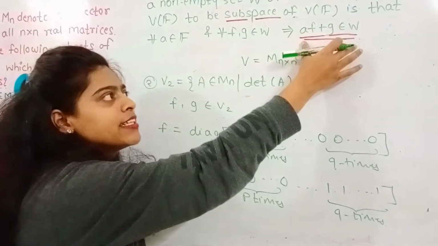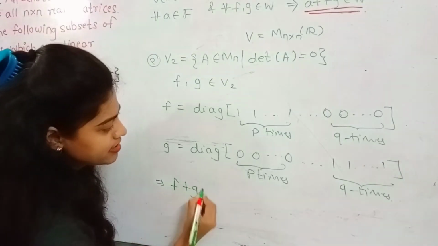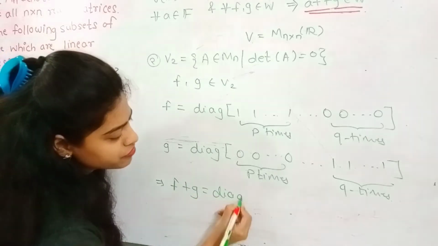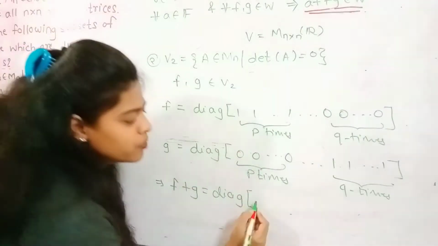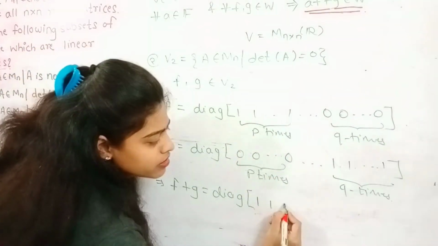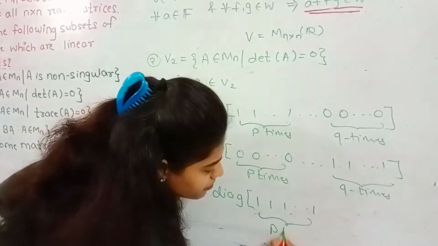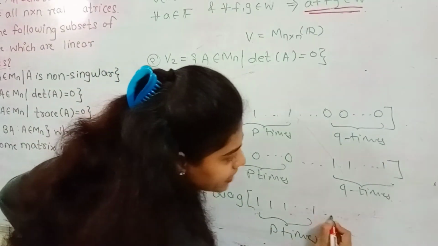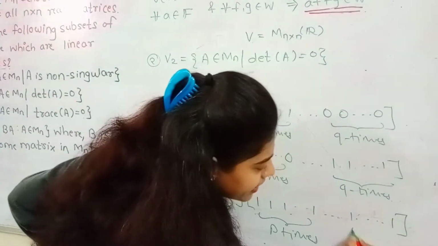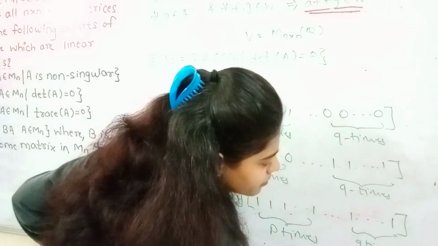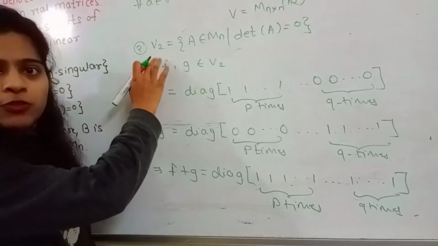Now, f plus g is the diagonal matrix obtained by adding corresponding elements, that is 1 plus 0, 1, 1 and so on, 1 for p times, and similarly 0 plus 1, and so on, 1 for q times. Now we only have to check whether f plus g belongs to V2 or not.